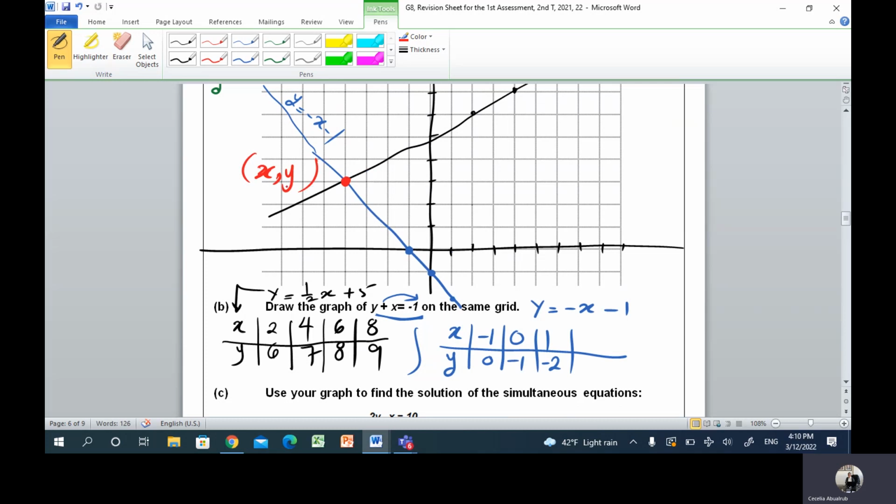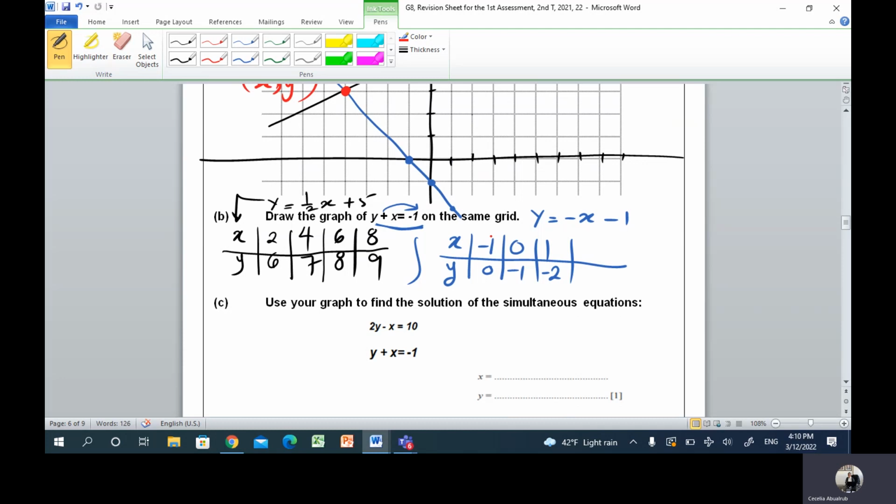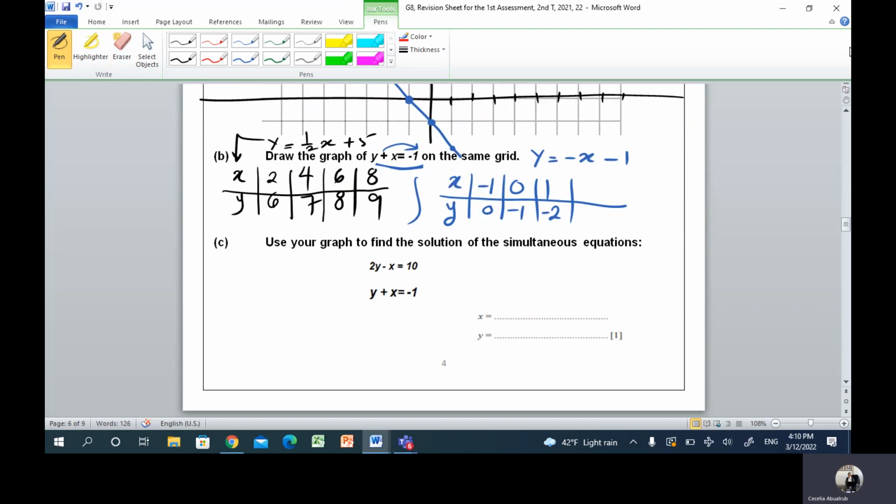And as I explained earlier, if you can't find it graphically, you can always find it algebraically. So here, -x and x, so I can add the two equations in order to eliminate the x. I will solve them algebraically as simultaneous equations.